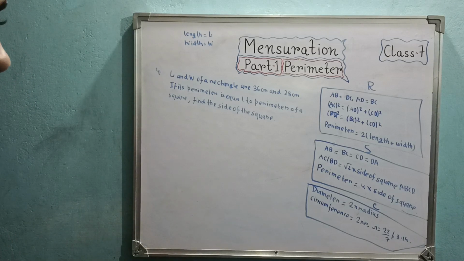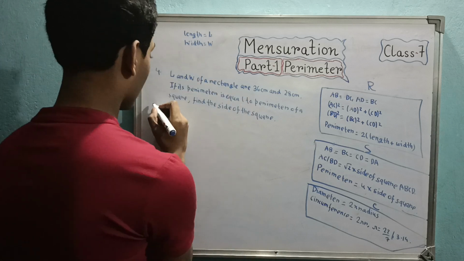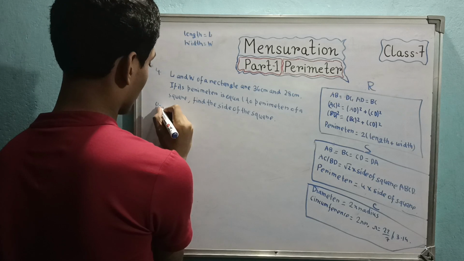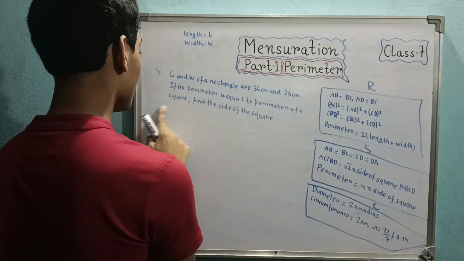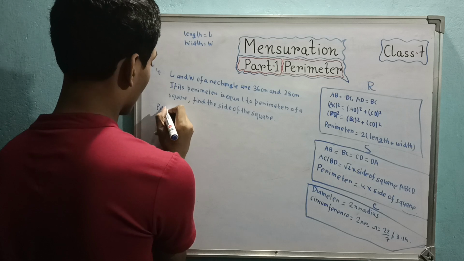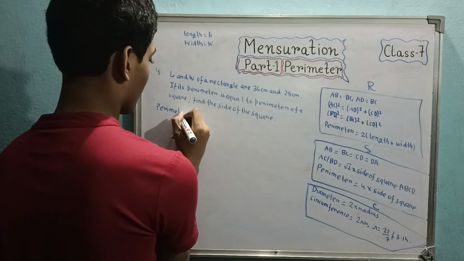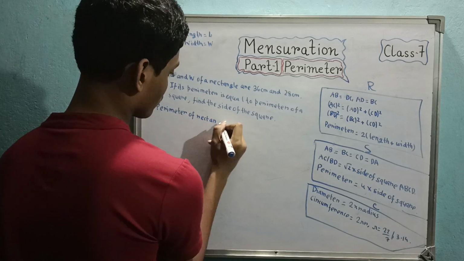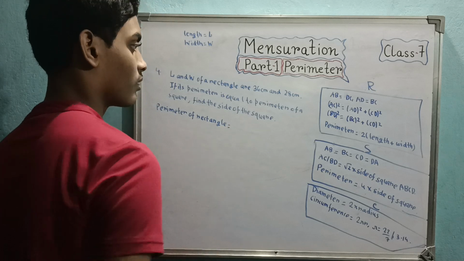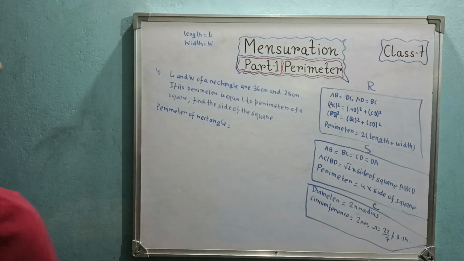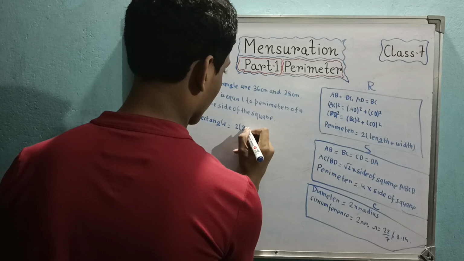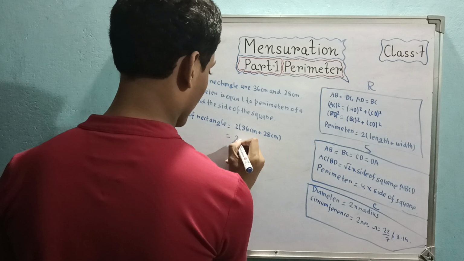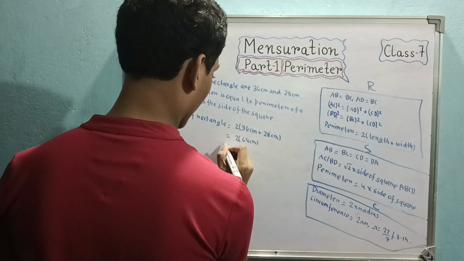So let us find out the main protagonist first of all: the perimeter of the rectangle. That is 2 into length plus width, which is 2 into 36 centimeter plus 28 centimeter, 2 into 64 centimeter equal to 128 centimeter. That's fine.